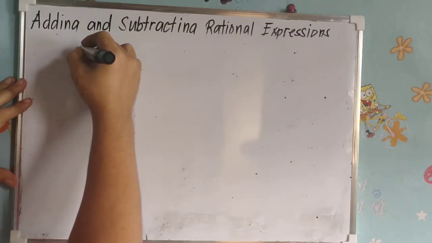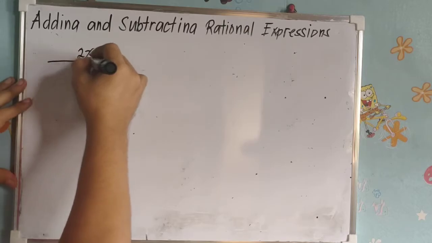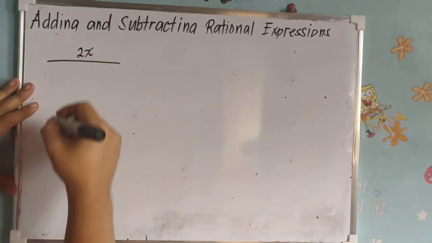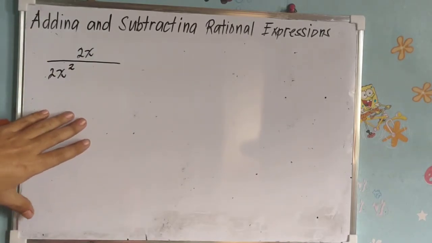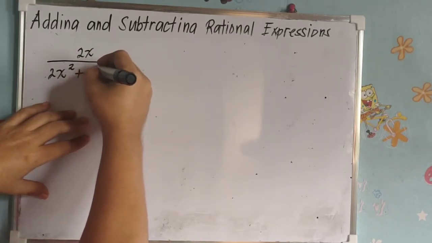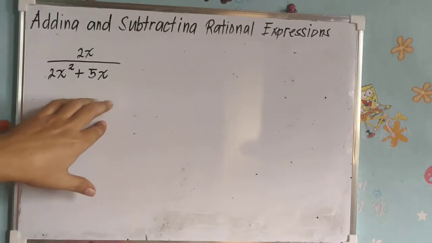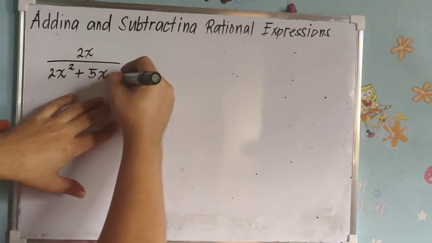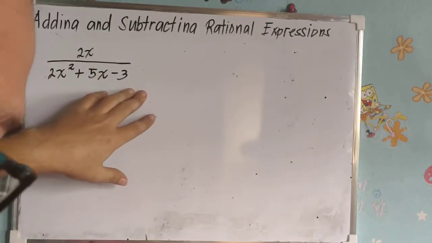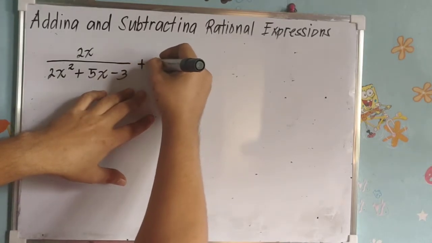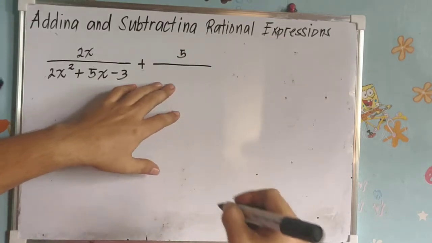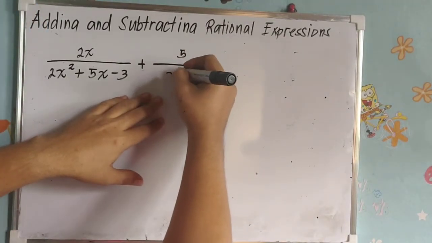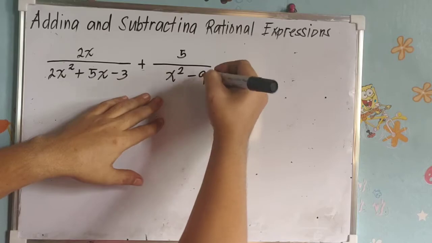So we have 2x over 2x squared plus 5x minus 3, plus 5, all over x squared minus 9.